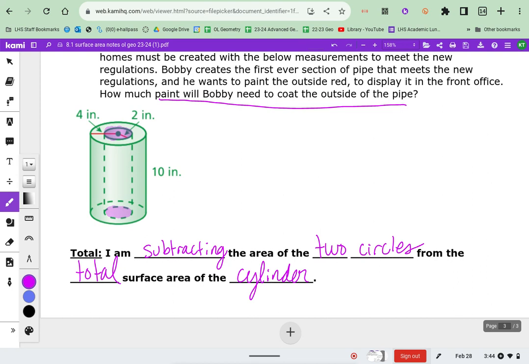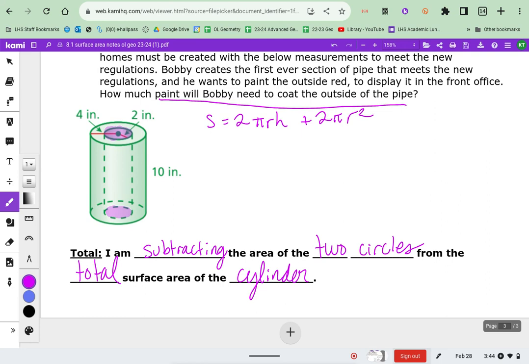So we can do it separately and then we'll subtract. So first let's just find the total surface area of the cylinder. So total surface area of a cylinder, that formula is 2 pi r h plus 2 pi r squared.